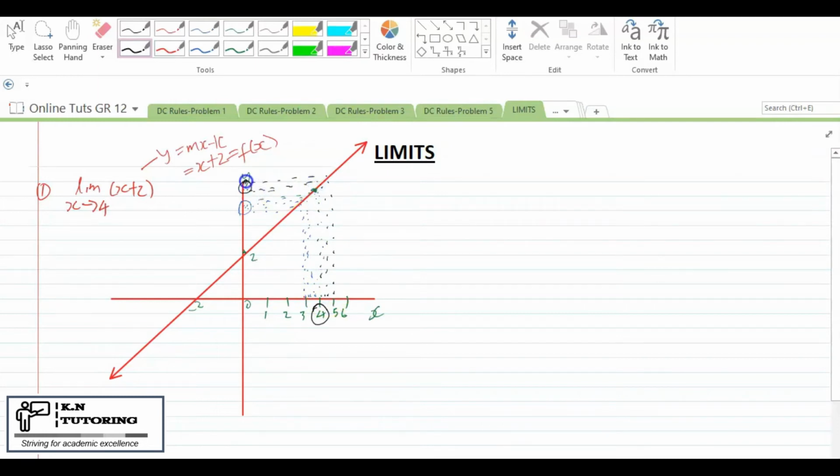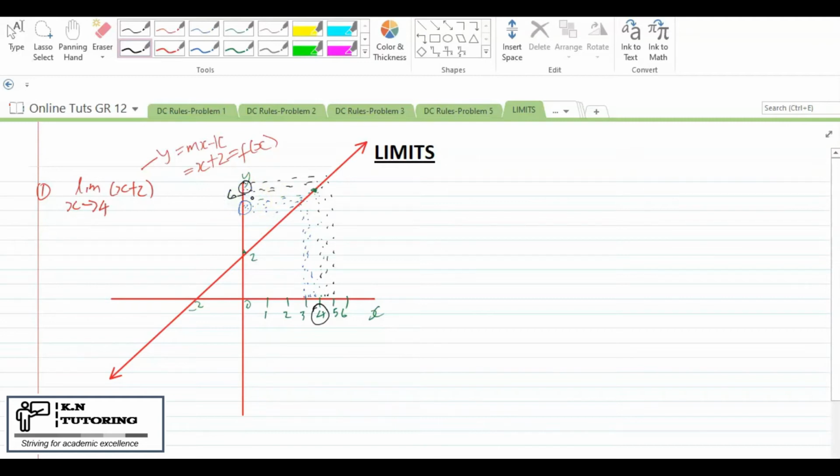You can see these values are also becoming concentrated here. So for this graph, as I approach 4, I get to a value that is being concentrated from either side. So the value that I'm going to get here is going to be 6.